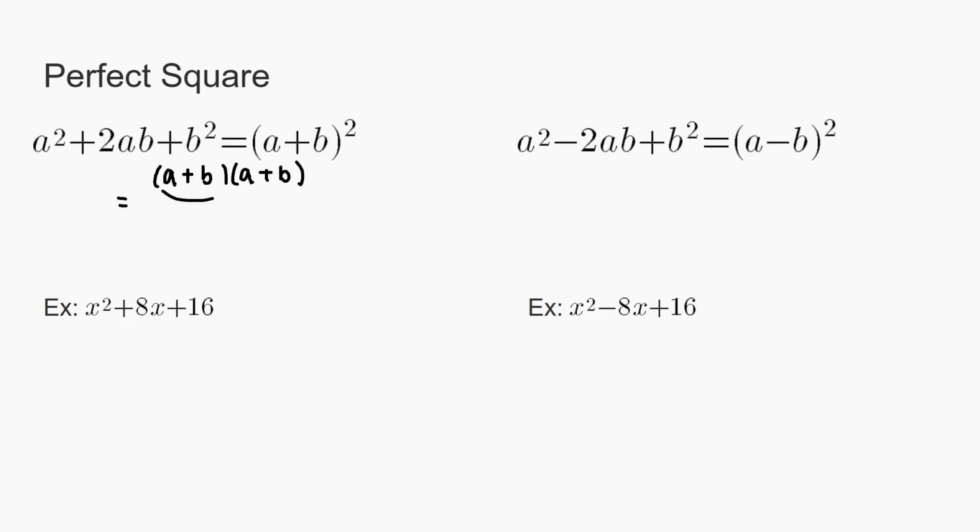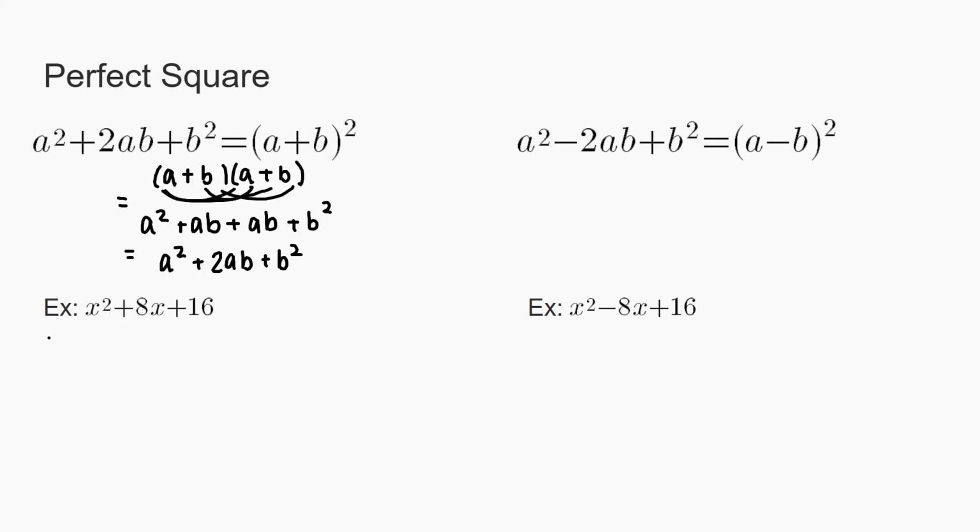So here we have a squared plus ab plus ba, which is the same as ab, plus b squared. As you can see, this gives us a squared plus 2ab plus b squared. The reason we can just do 2 times ab is because we're multiplying the same polynomial twice, so we'll get ab plus ab in the middle.